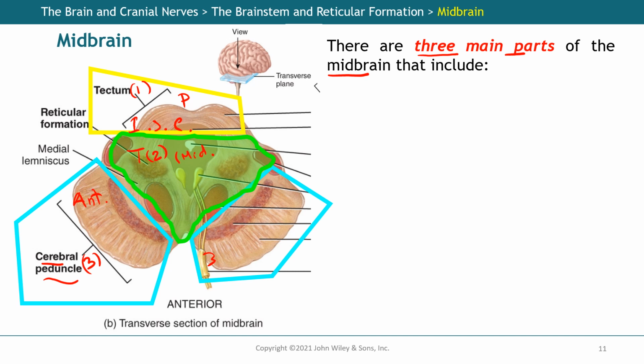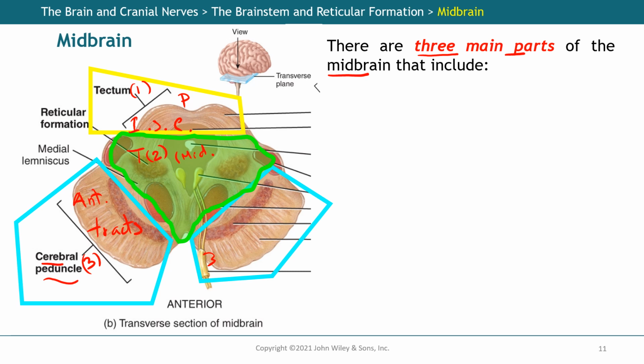You will find the red nuclei, the substantia nigra, and the reticular formation. Finally, in the third component, the cerebral peduncles, you will find different tracks, like the corticospinal bundle of axons, located there. And there will be other tracks there.